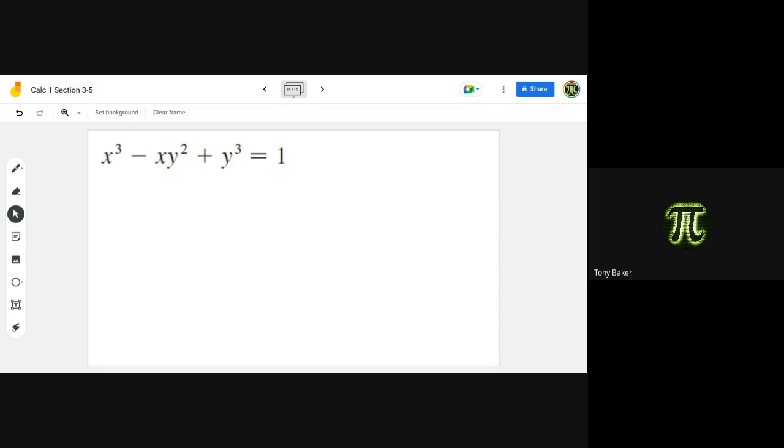If you just put the 2 there, that's x squared plus y squared.